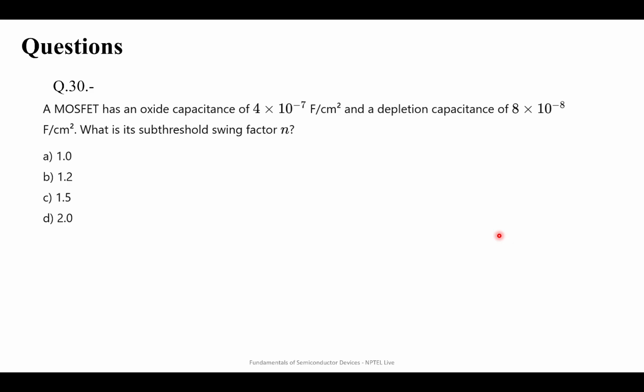Sir, subthreshold swing means VG by log ID, na? This is not subthreshold swing, this is subthreshold swing factor. So it determines how my subthreshold swing is changing.